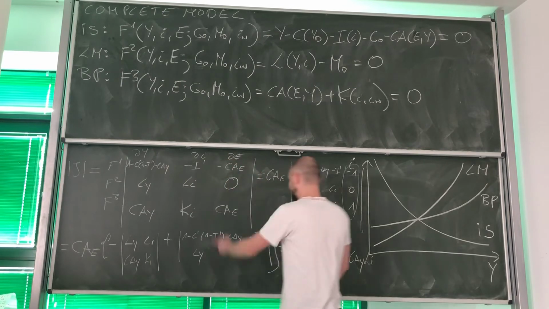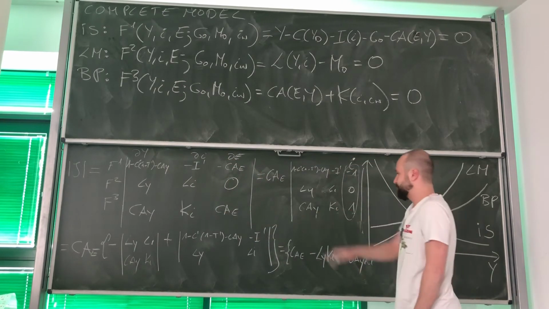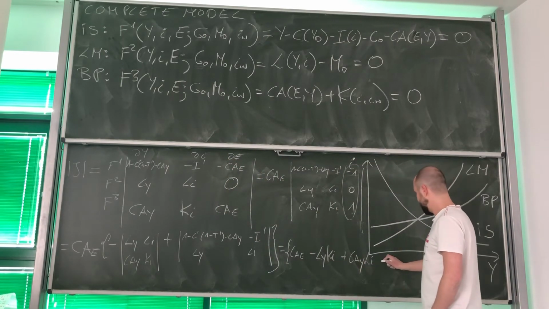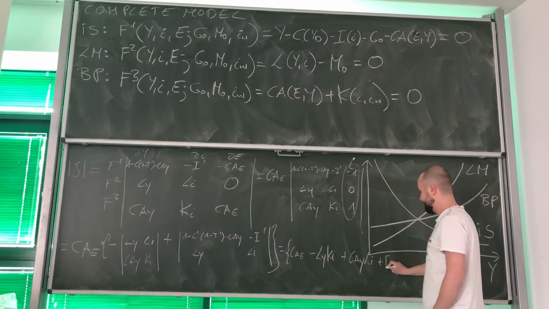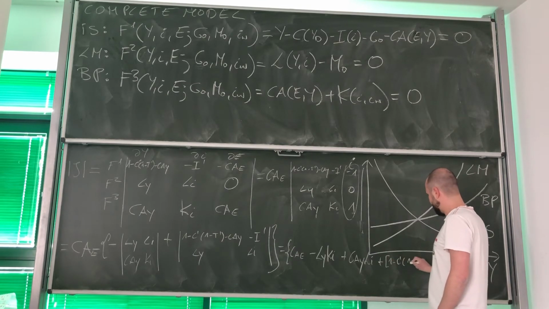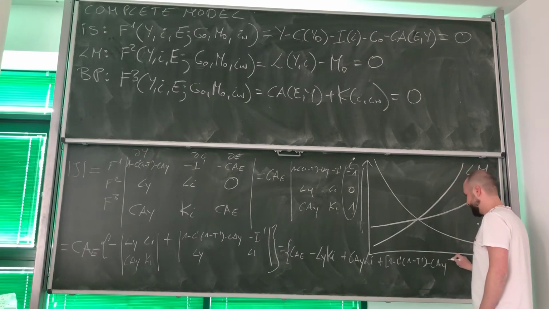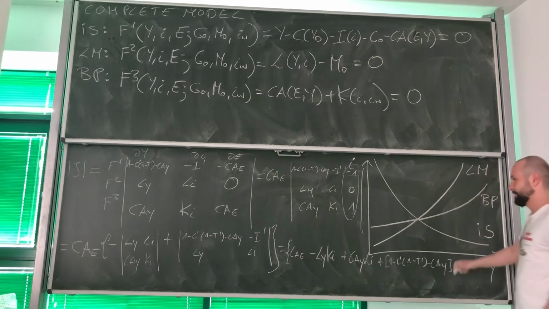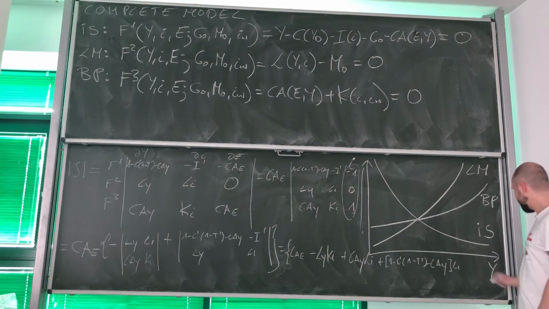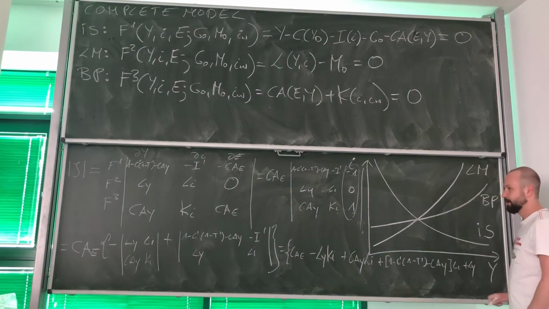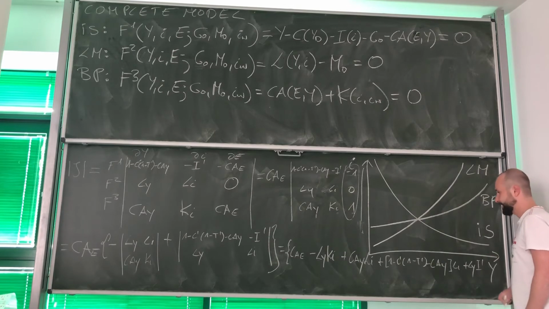Minus, minus, plus, plus. Okay, now we are dealing with this part, so we've got plus 1 minus C prime (1 minus T prime) minus CA_Y times L_I, and now plus L_Y times I prime.